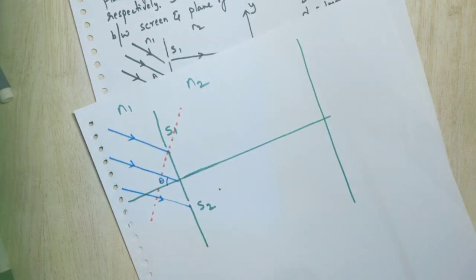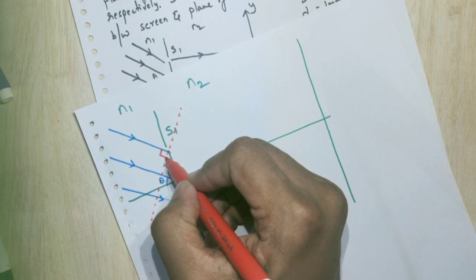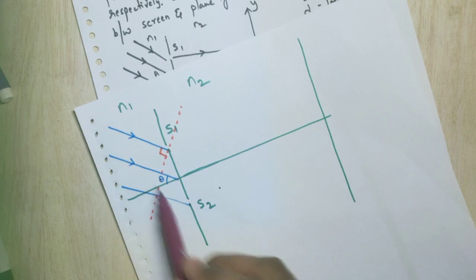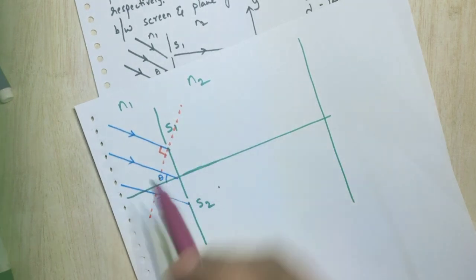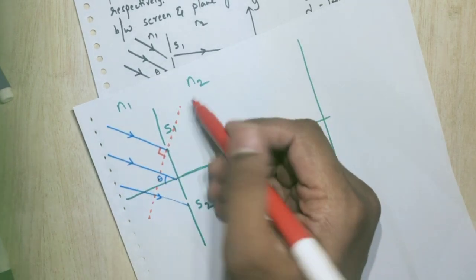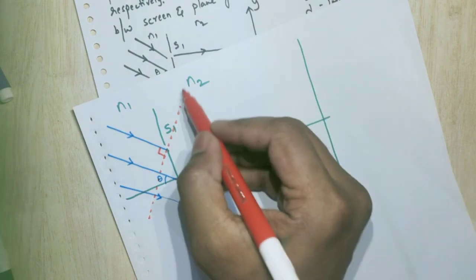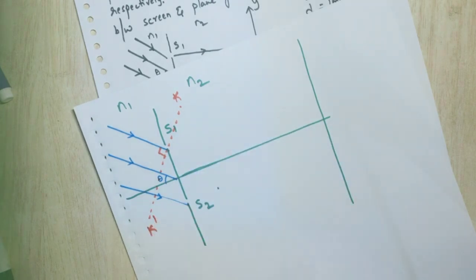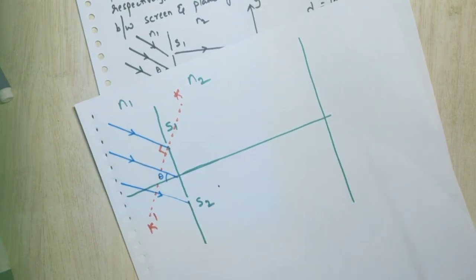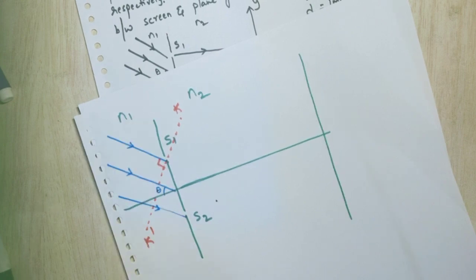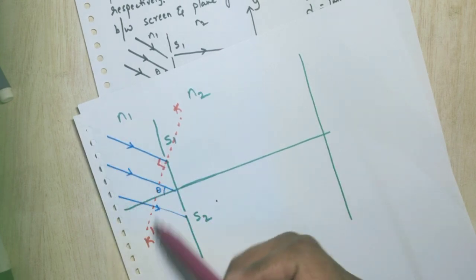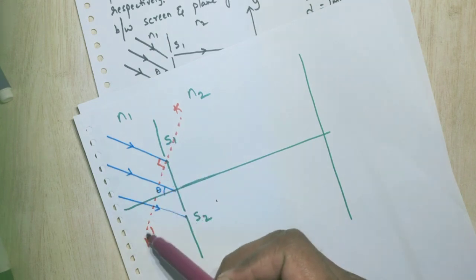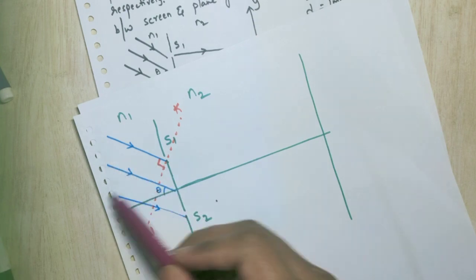Let me name this perpendicular K dash. Now you can see that this is the parallel beam and this is perpendicular to the beam, so you can say that this perpendicular is nothing but the wave front of this beam of light.